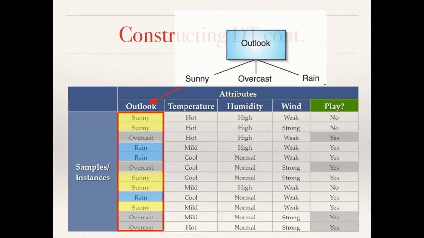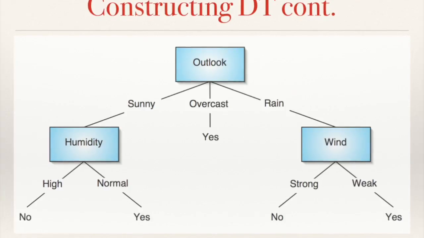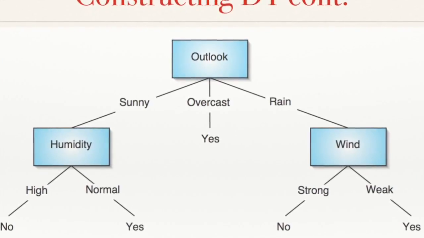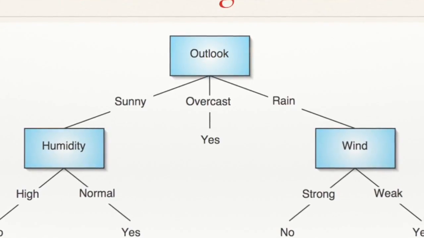So if the value of the outlook is overcast, we directly arrive at our conclusion as yes. And following the same set of rules, we can construct a scheme of deciding whether to play the game or not. Okay.